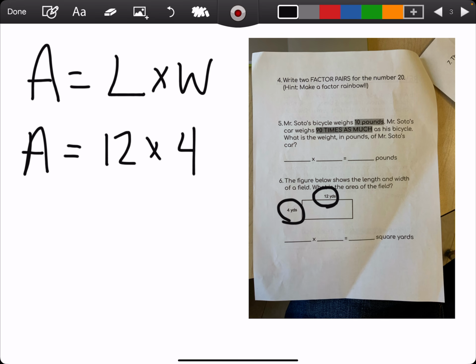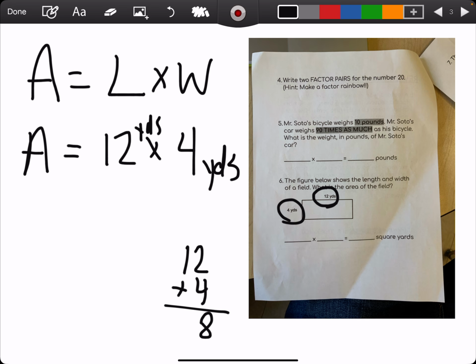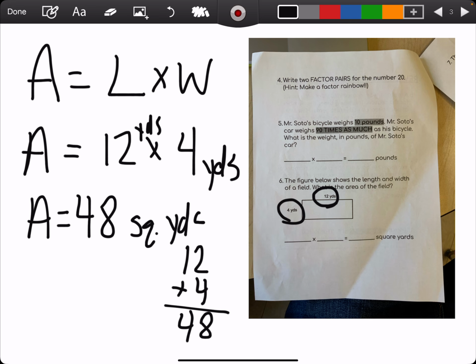Well, 4 yards, okay? 4 yards, 12 yards, right? So what is the area? Well, what's 12 times 4? 12 times 4, you could do it over here if you don't know that basic fact. 4 times 2 is 8, 4 times 1 is 4. So it's 48, 48 square yards. So 12 times 4 is 48 square yards. And that is number 6.